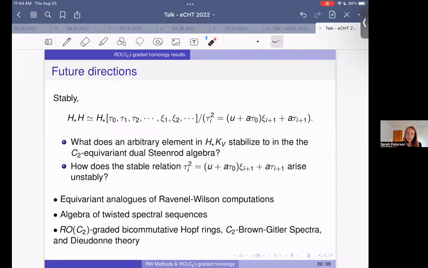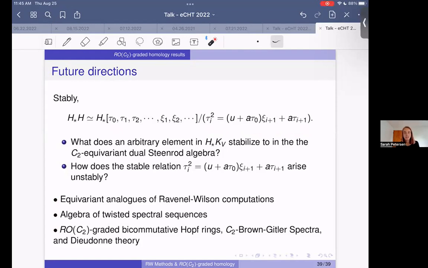I'm interested in how the stable relation in the equivariant version arises unstably, and then also other equivariant analogs of Ravenel-Wilson computations, particularly with Neal-Brown-Petersen spectra, understanding the algebra of twisted bar spectral sequences better, and the RO(C2) graded.